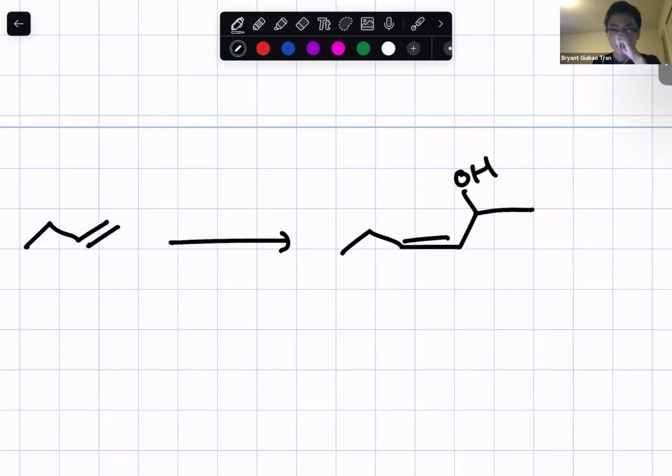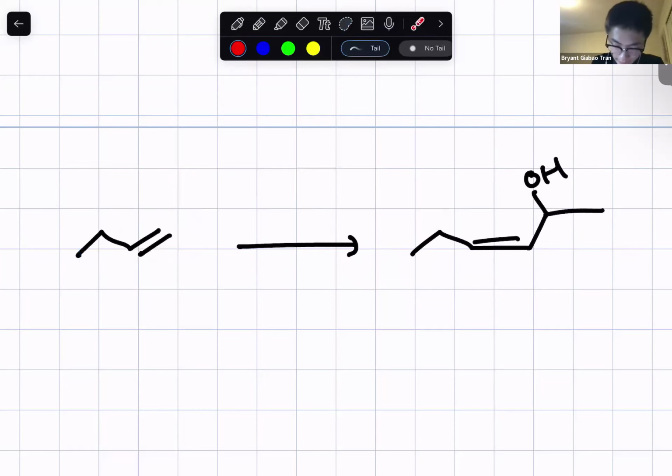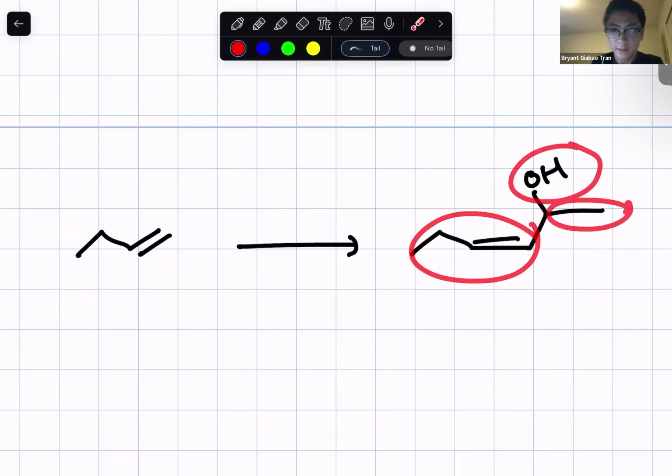Okay. So let's try this synthesis problem right here, where in the reactant we have an alkene, and in our product we have that alkene and an alcohol with an R group.